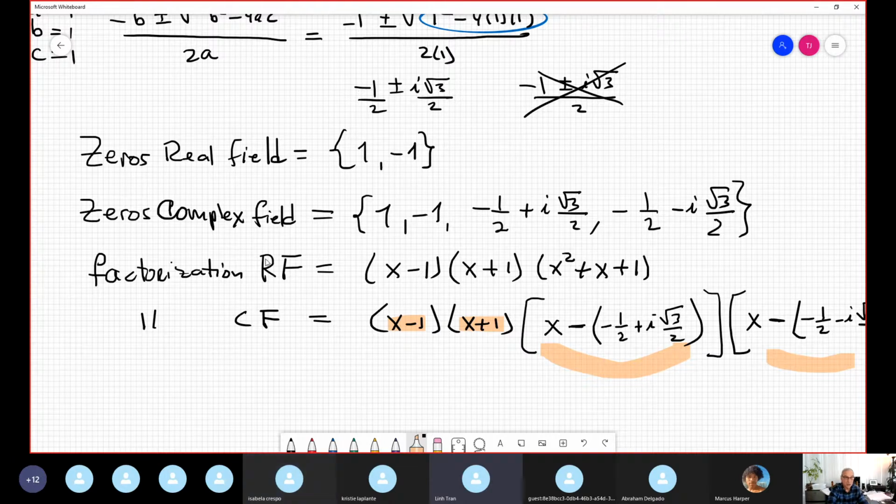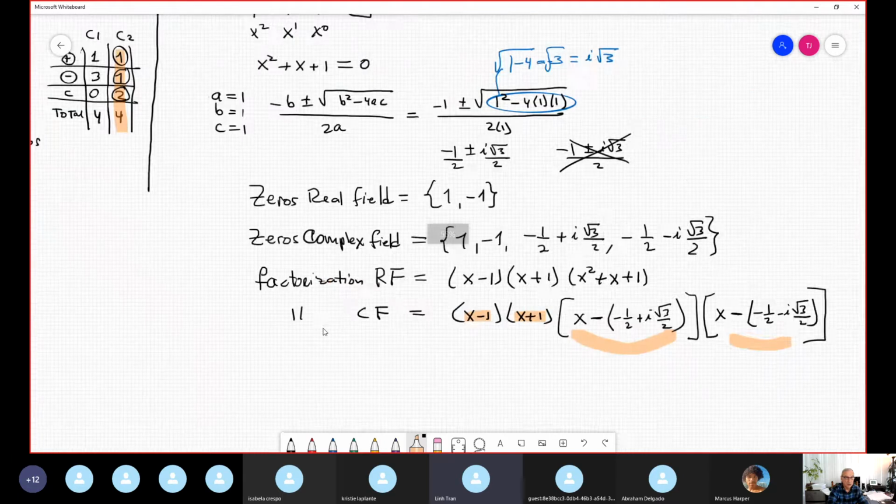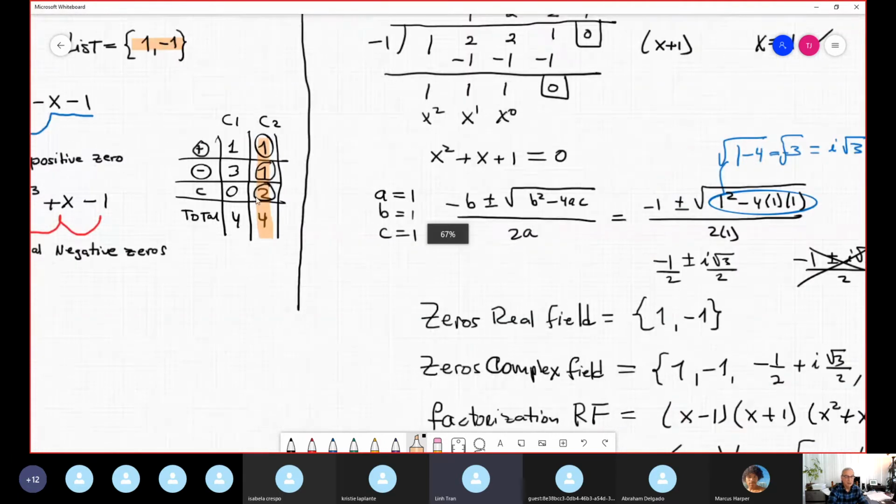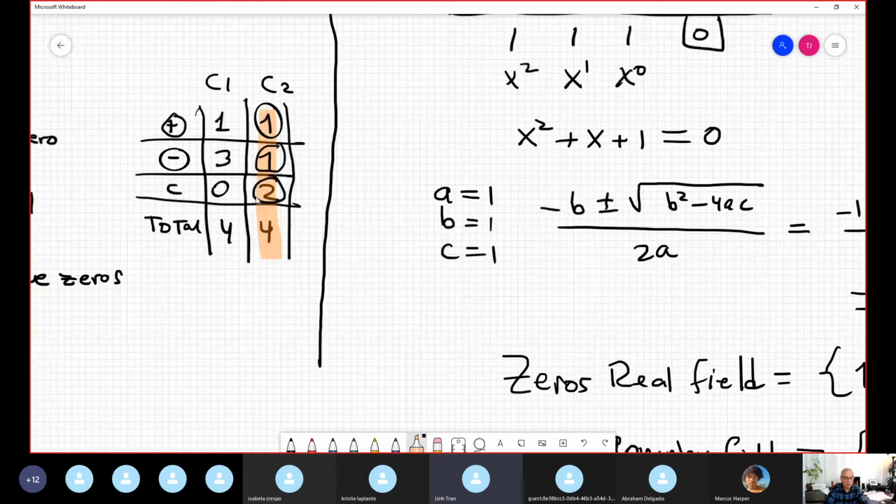No. When you suppose that, look at Descartes. Descartes was clear: negative real is 1. Oh, okay, sorry. I was looking at the chart before we put it in. Yeah, you suppose this option. Sorry, Descartes is a little bit weak. Descartes gives me 2 possibilities, or it's this or it's that.